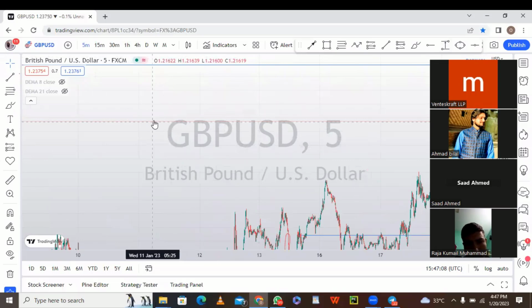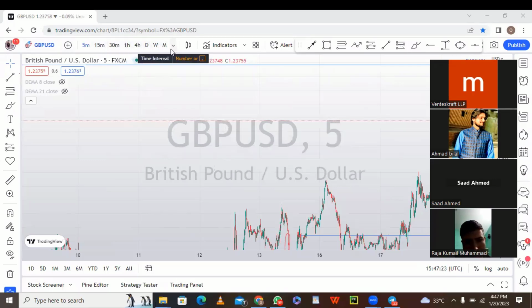If you look at my screen carefully, this is GBP USD. You see here 5 minutes, 15 minutes, 30 minutes, 1 hour, 4 hour, daily, weekly, and monthly. These are time frames in the market. Currently, I'm on the 5-minute time frame.